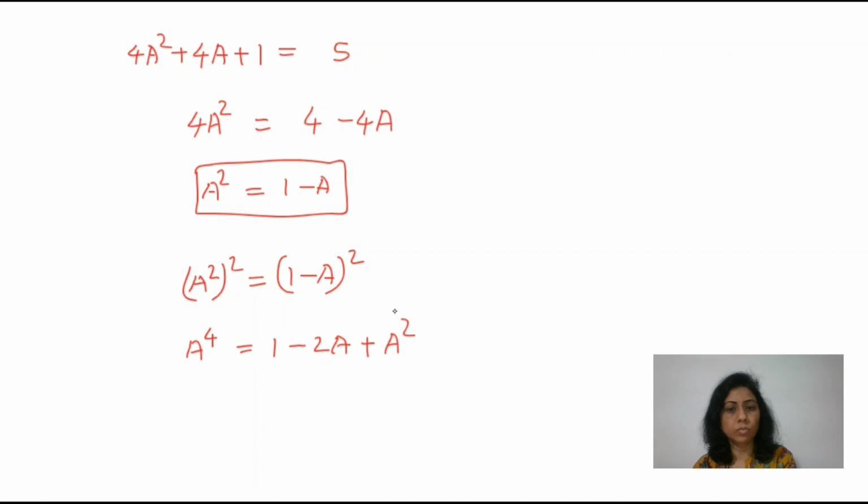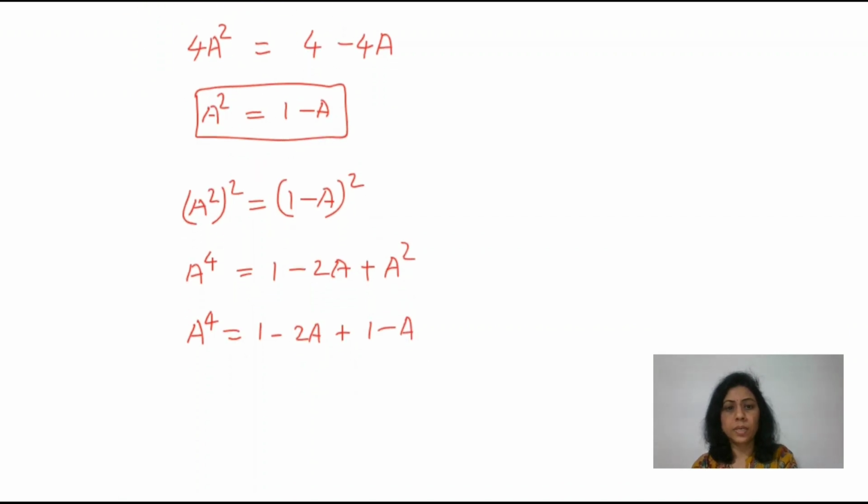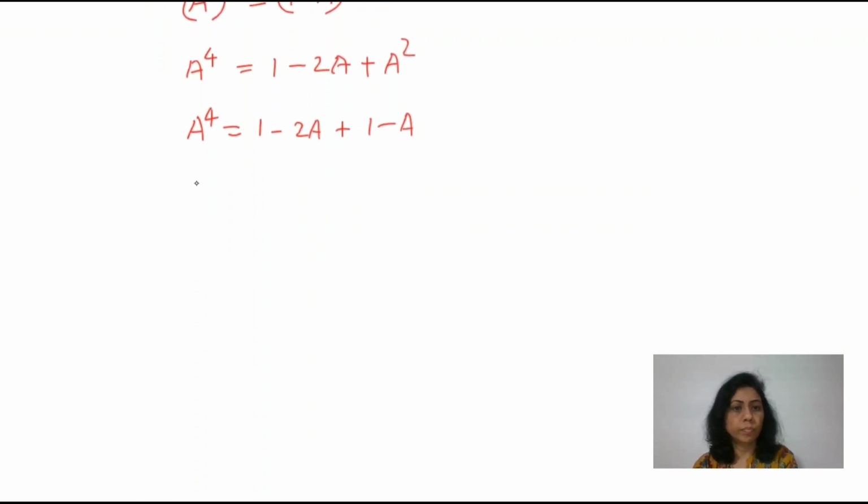And what is the a² value? 1 − a. We substitute it: 1 − 2a + 1 − a. Now combining like terms, a^4 = 1 + 1, 2, minus 2a minus a, so 2 − 3a.